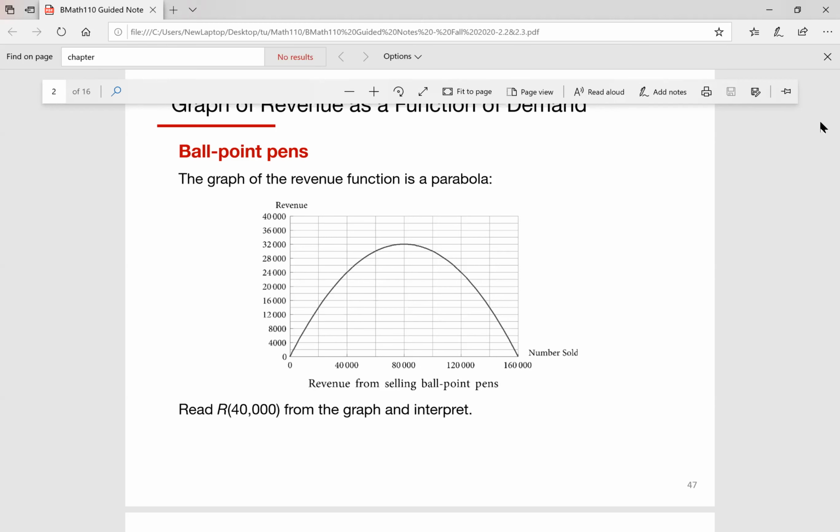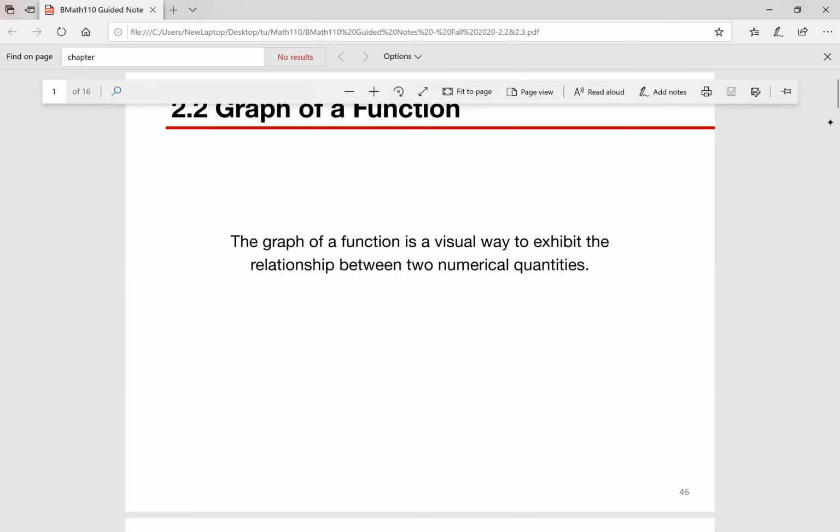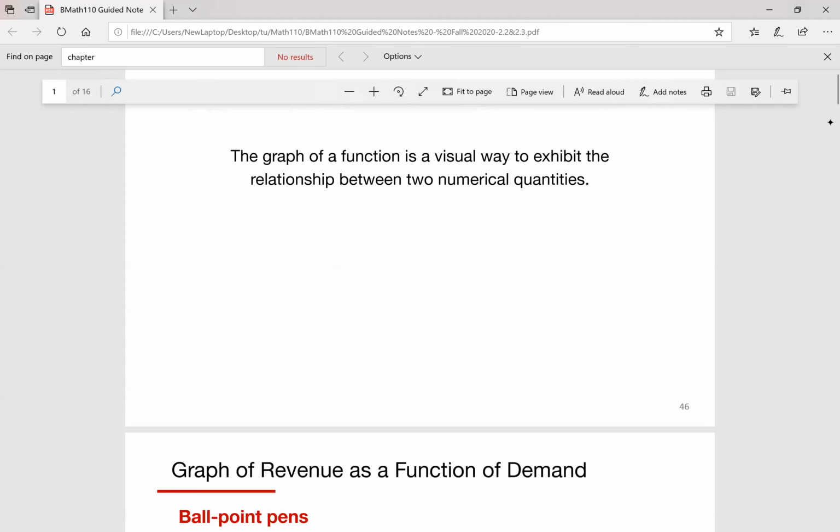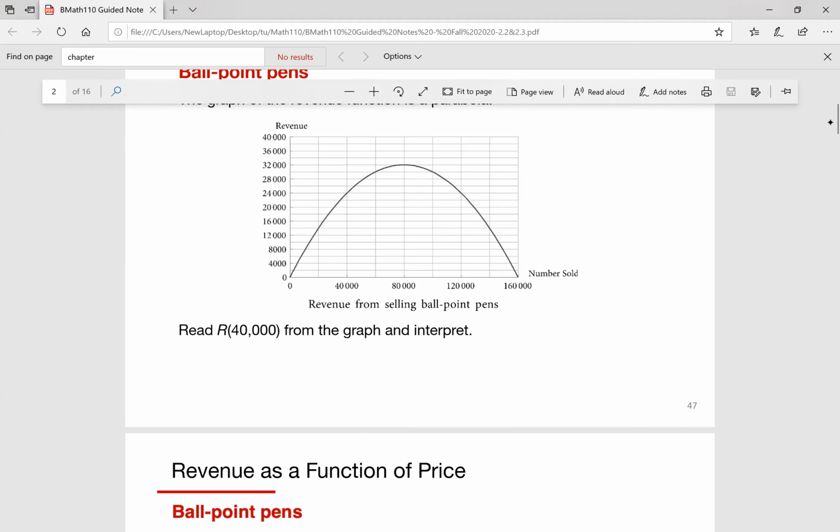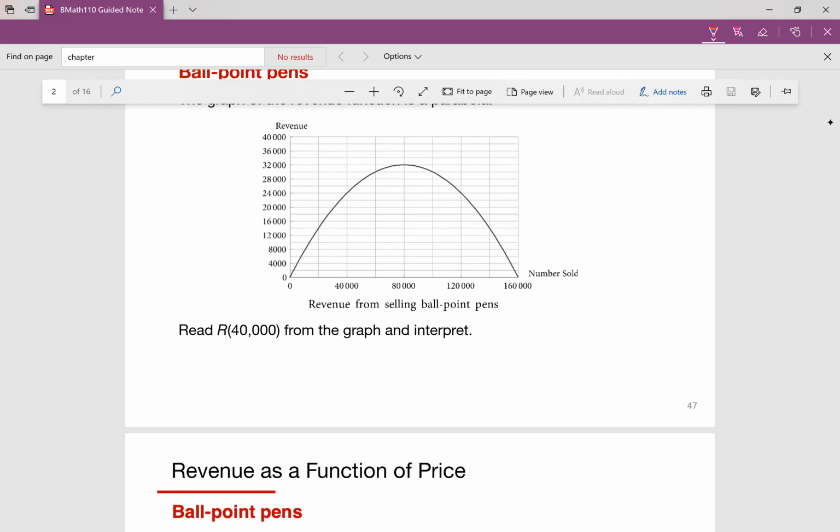And here is a graph of the revenue function, which is a parabola, right? The vertical line is for the revenues, and horizontal is for the number sold.